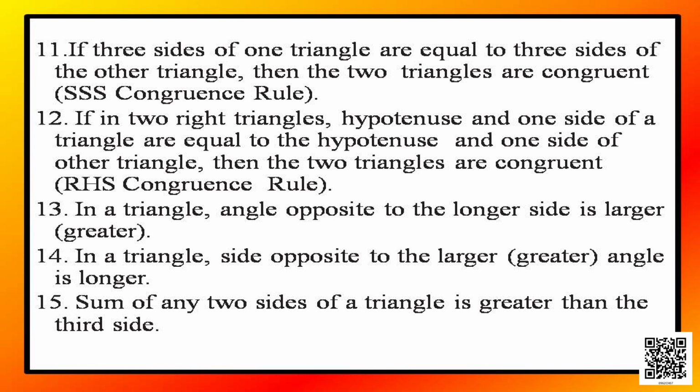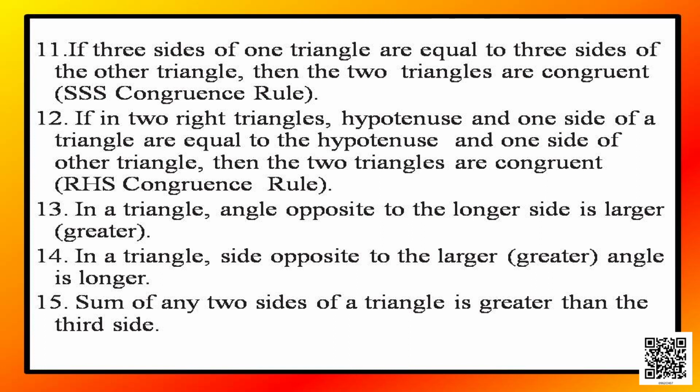12. If in two right triangles hypotenuse and one side of a triangle are equal to the hypotenuse and one side of the other triangle, then the two triangles are congruent by RHS congruence rule. 13. In a triangle, angle opposite to the longer side is larger or greater. 14.